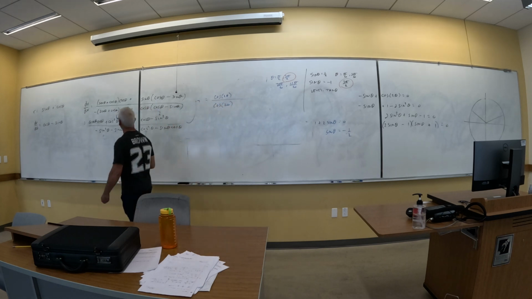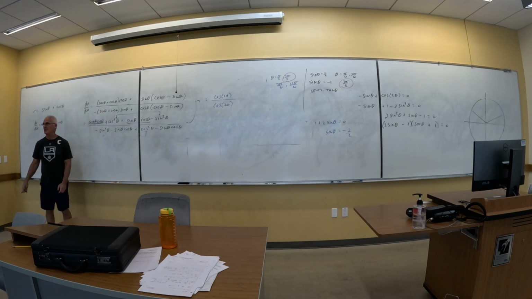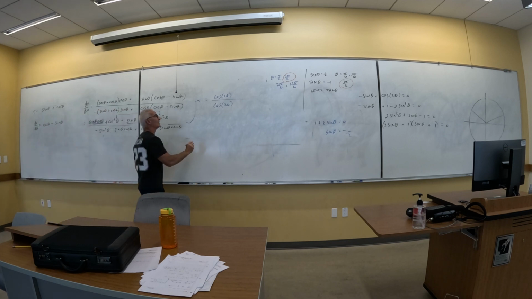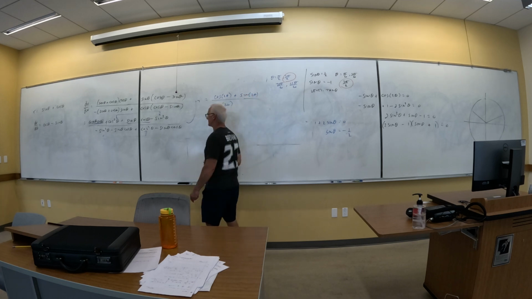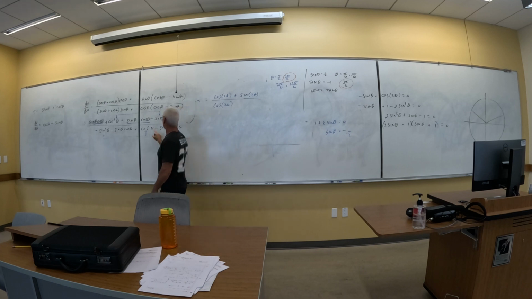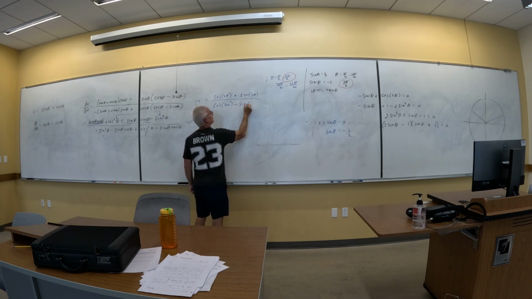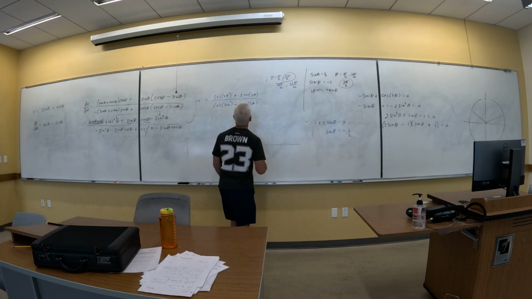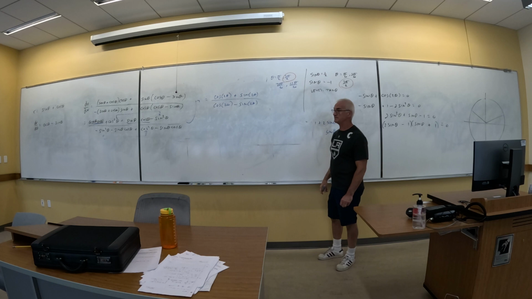Now on the top, sine theta cos theta plus sine theta cos theta is 2 sine theta cos theta, or sine 2 theta. Oh my gosh, I'm going to have the same thing on the bottom. Almost. So far, so good.